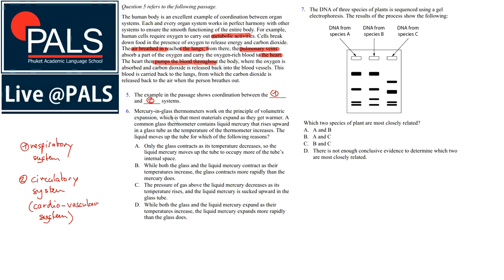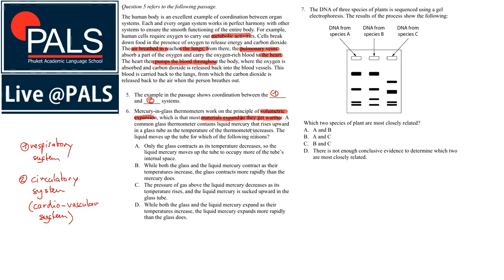So we are told quite a lot of important information here. Mercury in glass thermometers work on the principle of volumetric expansion, which is that most materials expand as they get warmer. Only the glass contracts as the temperature decreases, so the liquid mercury moves up the tube to occupy most of the tube expansion space. Now, the option that both the glass and the liquid mercury contract as the temperature increases is wrong.